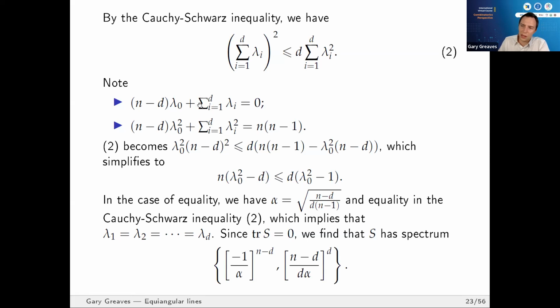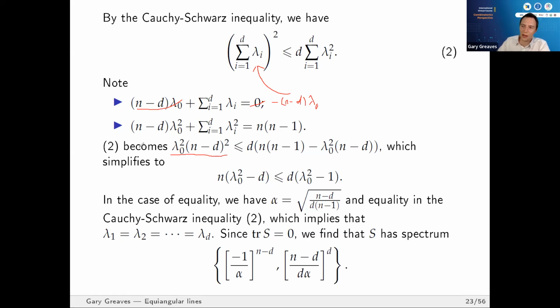So here I can use this equality to get an expression for the sum i goes from 1 to d of lambda i. If I put this one on the other side, so I cancel over here and I put minus n minus d times lambda 0, and then I can plug that into here, and that will give me this expression.